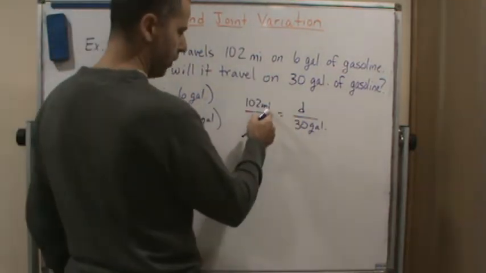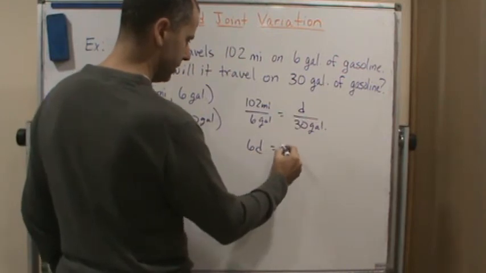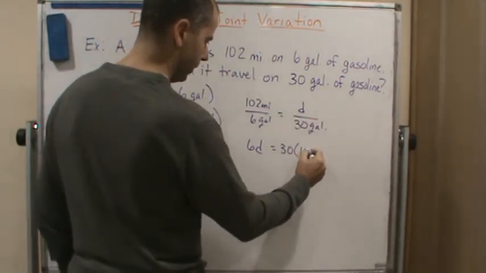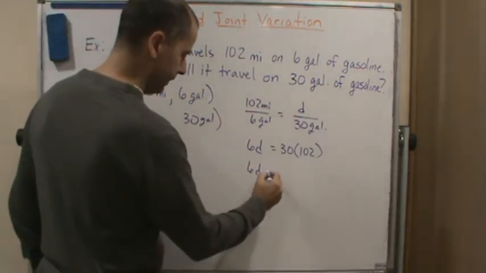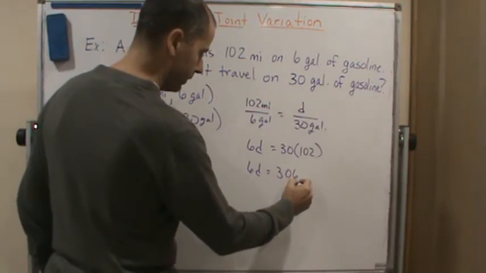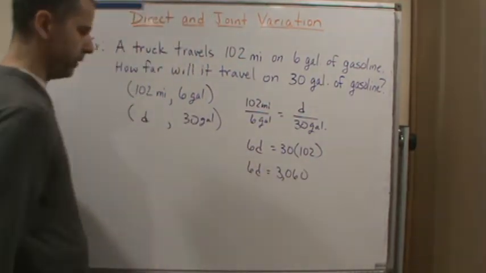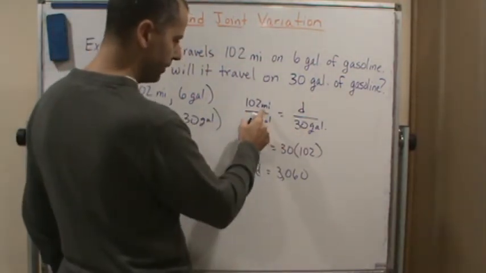I can cross multiply. So I get 6D is equal to 30 times 102, and so 6D equals 3060, right? Now, make sure you track the gallons.